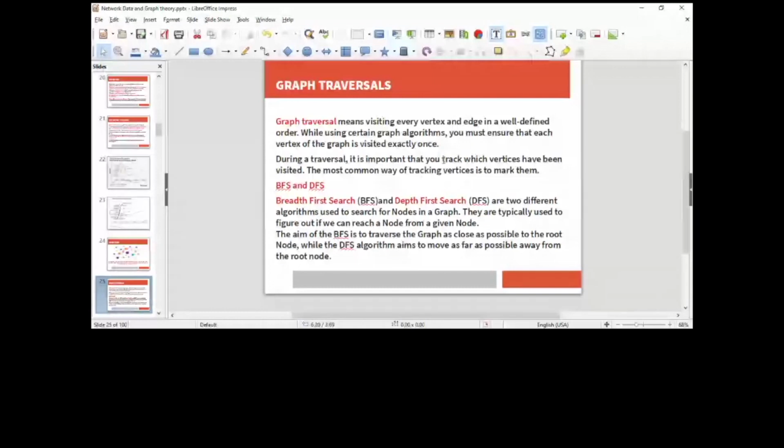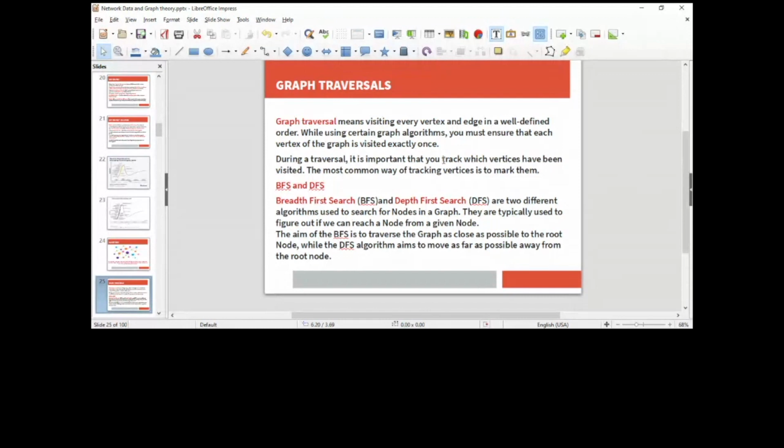While using a certain graph algorithm, you must ensure that each vertex of the graph is visited exactly once. Everything must be visited for it to claim to understand what's in the graph. So during traversal, we have two major ones.